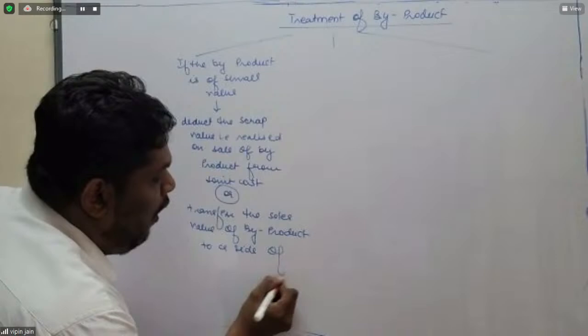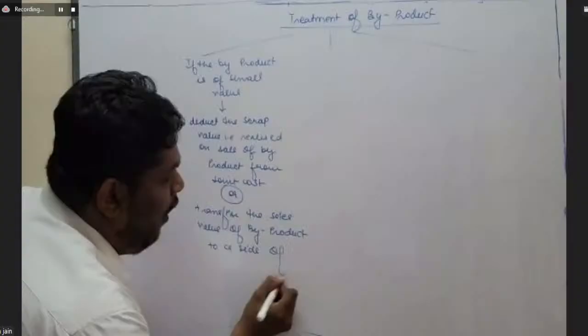So you can follow any of the approaches. That is, if the byproduct is of smaller value, let's say during the course of manufacture buttermilk is produced, and if this buttermilk is sold for 2,000 rupees, then either we can deduct 2,000 from the joint cost, or we can directly transfer 2,000 to the costing P&L credit side. So deduct the scrap value realized on sale of byproduct from joint cost, or transfer the sales value of byproduct to the credit side of P&L account, costing P&L.